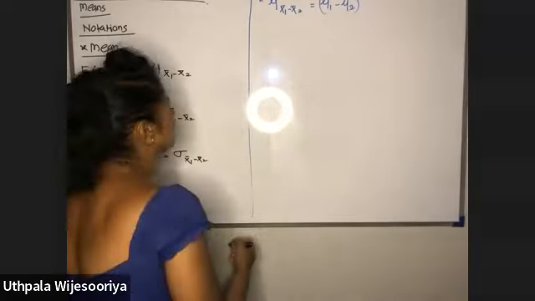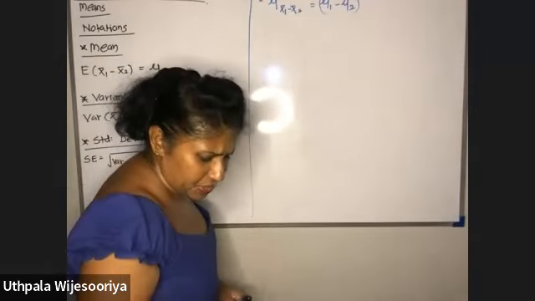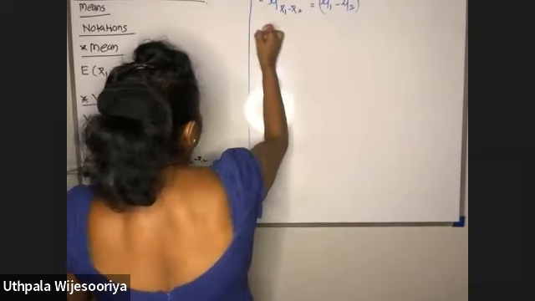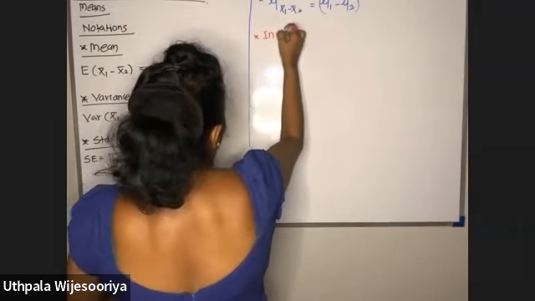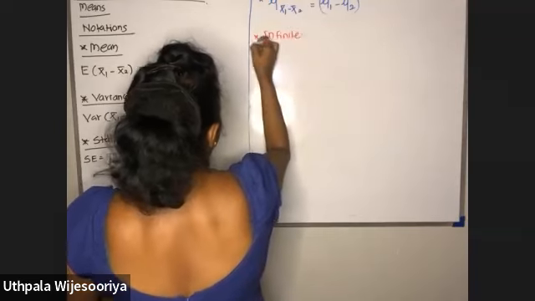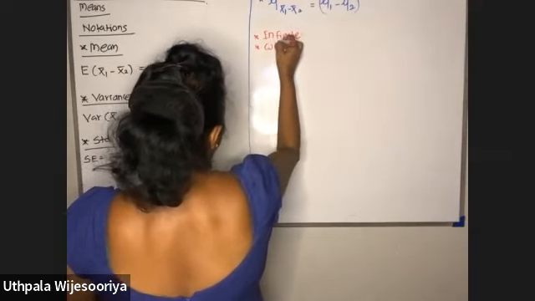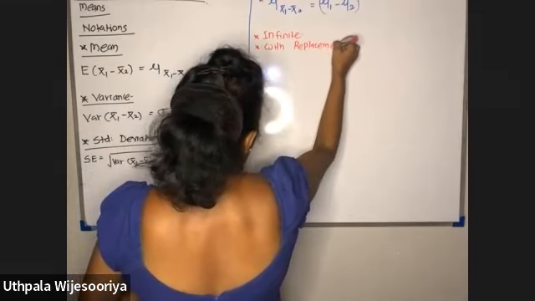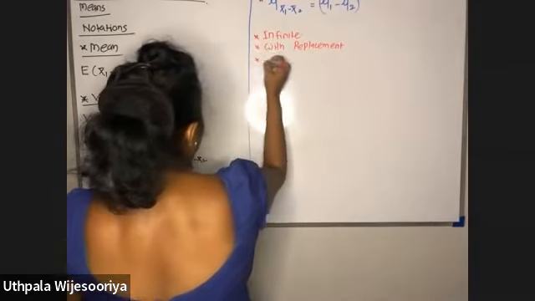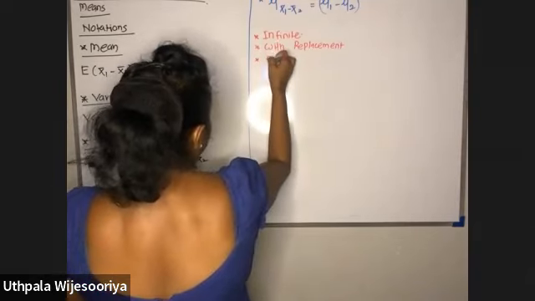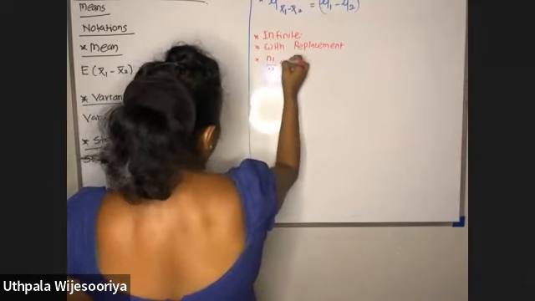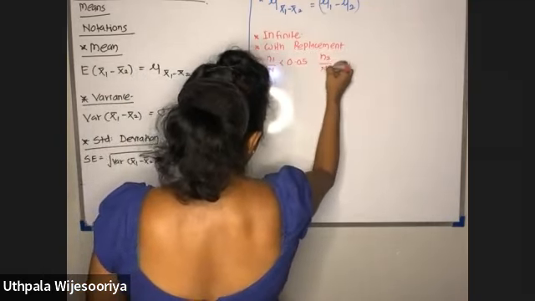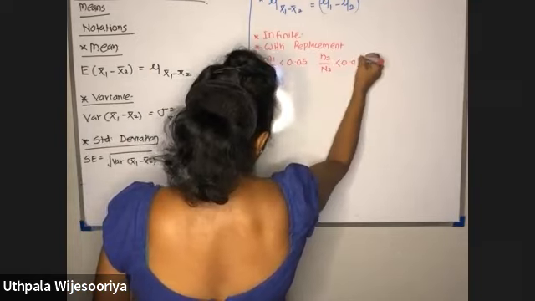Here we make the variance. So under three conditions: the population is infinite, sampling with replacement, and sampling fractions n1 over capital N1 less than 0.05 and n2 over capital N2 less than 0.05.